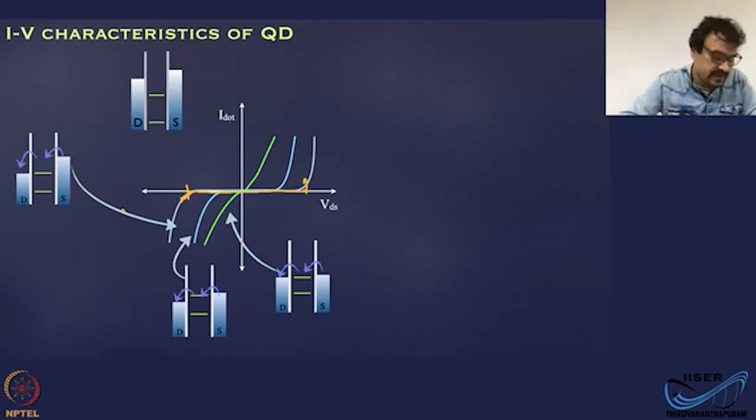So you can apply gate voltage and push these levels up at a lower bias and get this level within the window and turn on that device at an even lower voltage. And finally, you can get more or less linear, ohmic behavior.